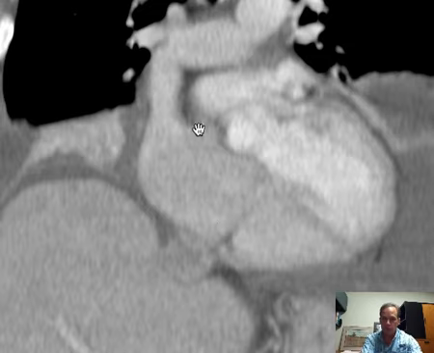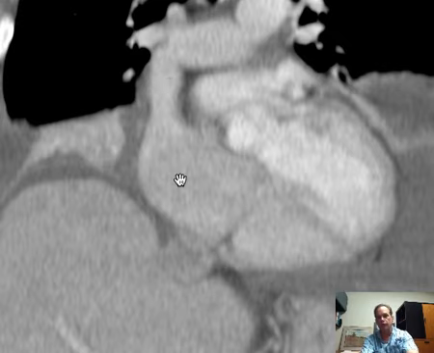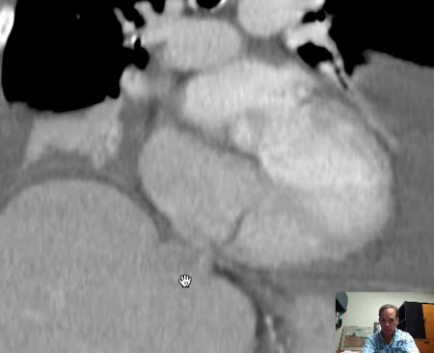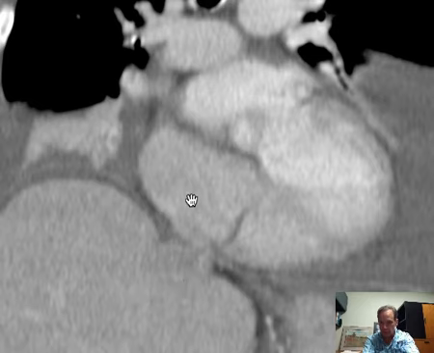Similarly, there is a superior vena cava right here, which comes down into the right atrium. So you have the inferior vena cava, the IVC goes to the right atrium. Looks a little squiggly here, but that's widely patent.